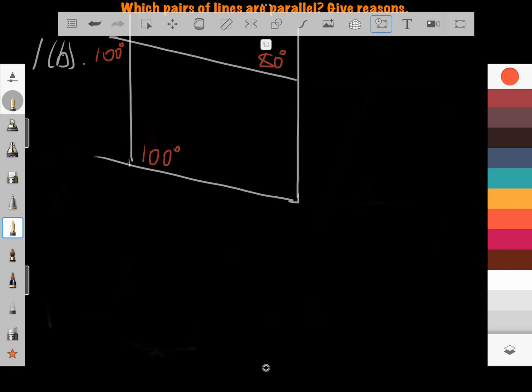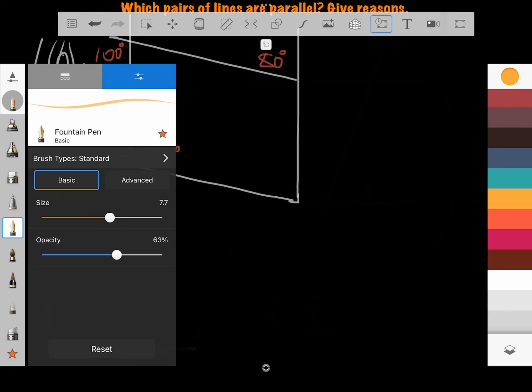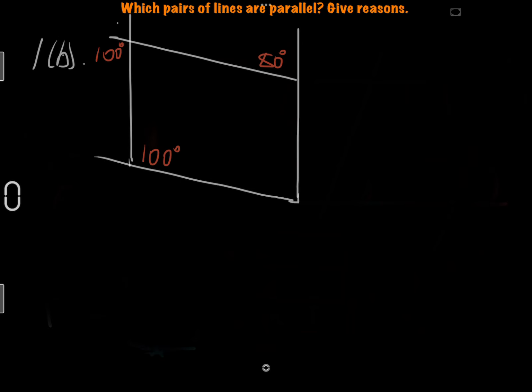Okay, and then we're given these angles. We're given angle E, you can call E1 and E2. We're given angle F, and angle T, so we have T1 and T2.